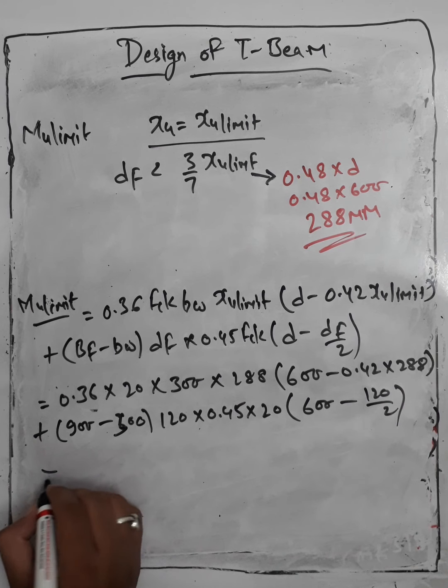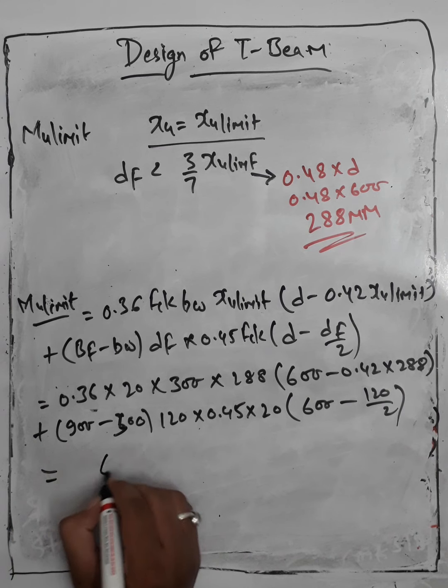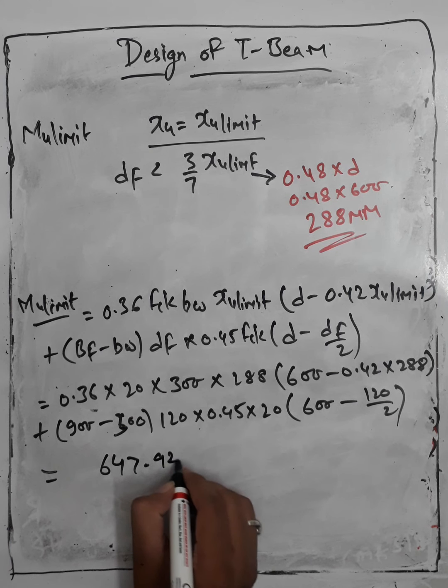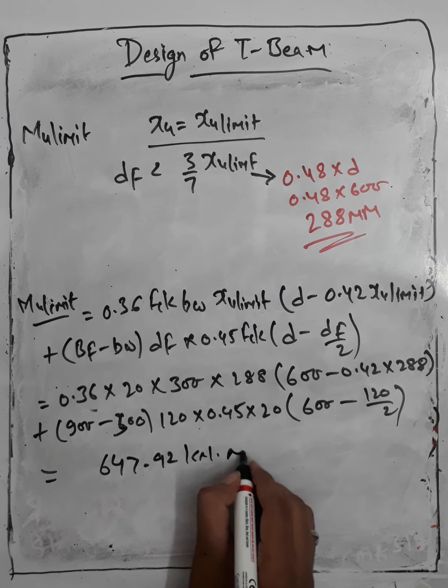So after solving this equation, here we got Mu limit is 647.92 kilonewton meter.